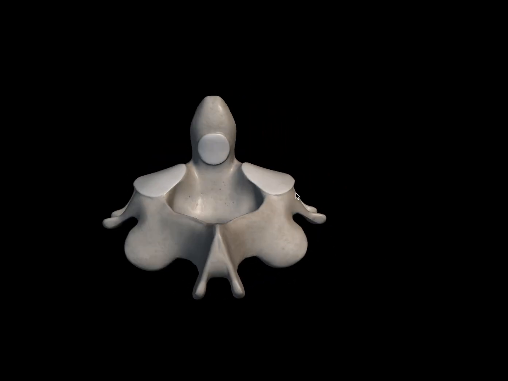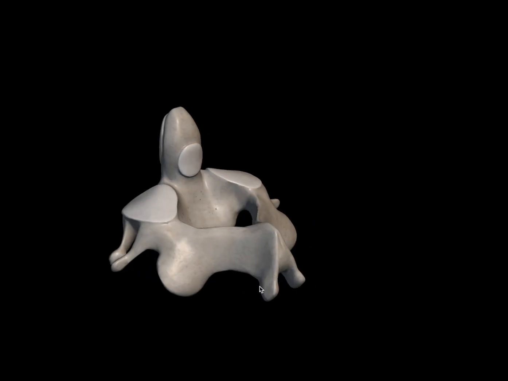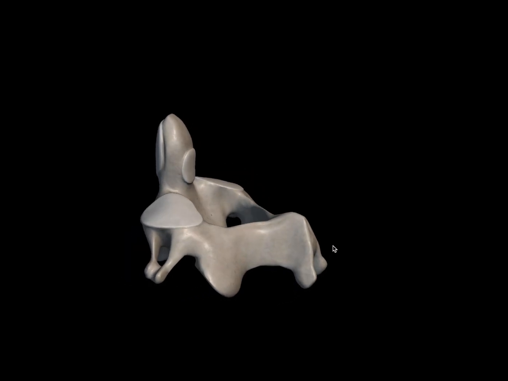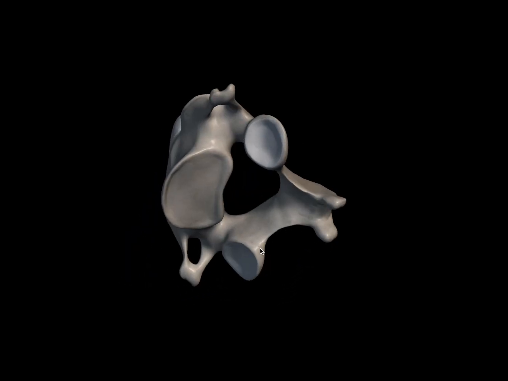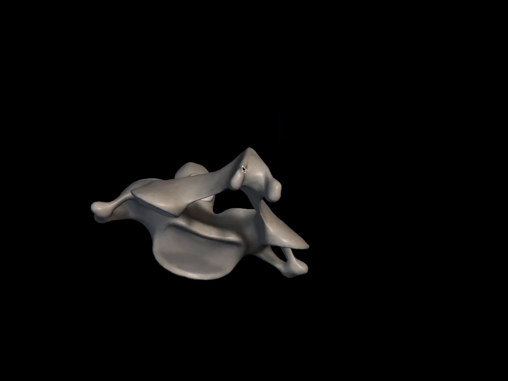The spinous process or the spine of C2 is large and thick in comparison to the spines of the other vertebrae of the same category. It is very strong, and on its inferior side it is deeply grooved. The spine is bifid.